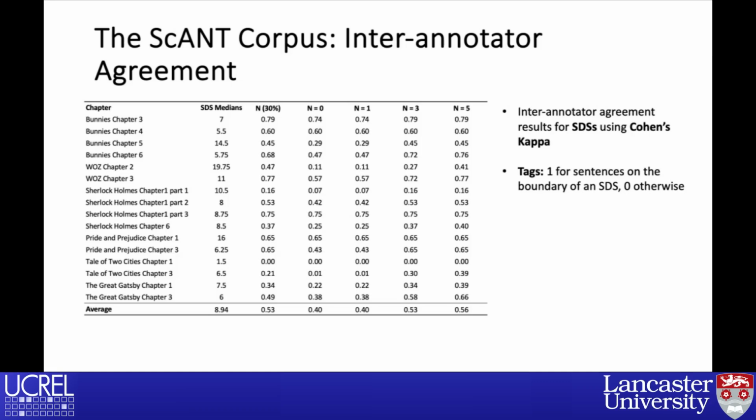Yes, I think so, because the Bunnies from the Future is a children's story, and it's a modern English story. So the English is quite easy. So the inter-annotator agreement on these chapters from the Bunnies from the Future were higher than the others. So I think the language affected that, and the structure also.